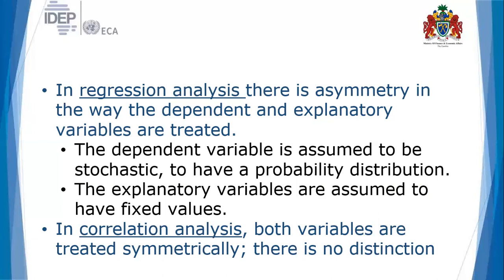On the other hand, explanatory variables are assumed to have fixed values at that particular time of the analysis. On the other hand, in correlation analysis, both variables are treated symmetrically. There is no distinction between the dependent and explanatory variable, or between the two variables where correlation analysis is being conducted.